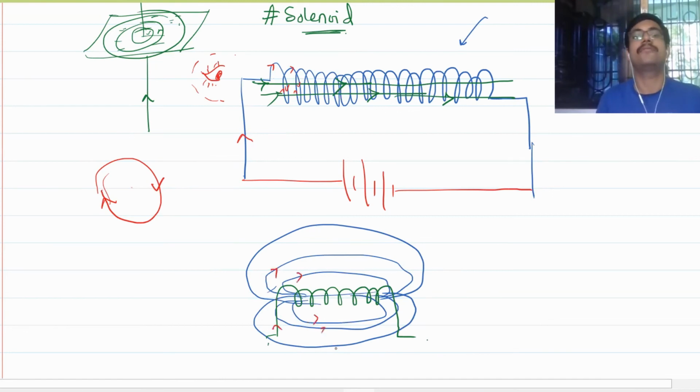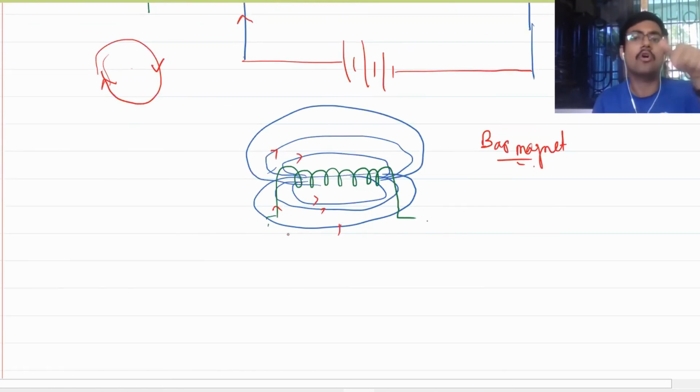Now, does this field line look similar to something, a bar magnet? This is very similar to a bar magnet. Do you notice this? This is one of the properties of a solenoid. Because of so many closed loops together, the field structure, see, a current moving through a conductor is bound to produce a magnetic field.